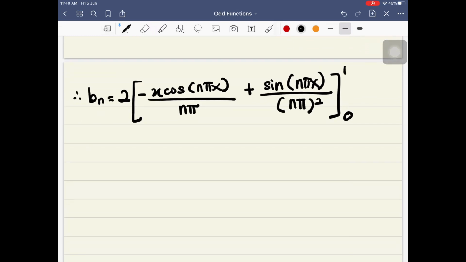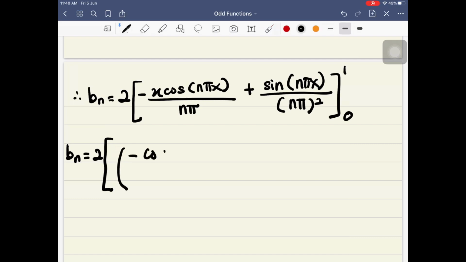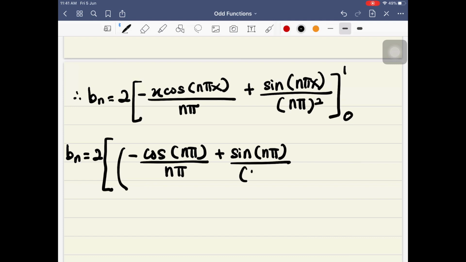Okay, so now substitute the limit. First we are going to substitute x is equal to 1, the upper limit, into here and also here. So you will have negative cos n pi over n pi plus sine n pi over n pi the whole thing squared.